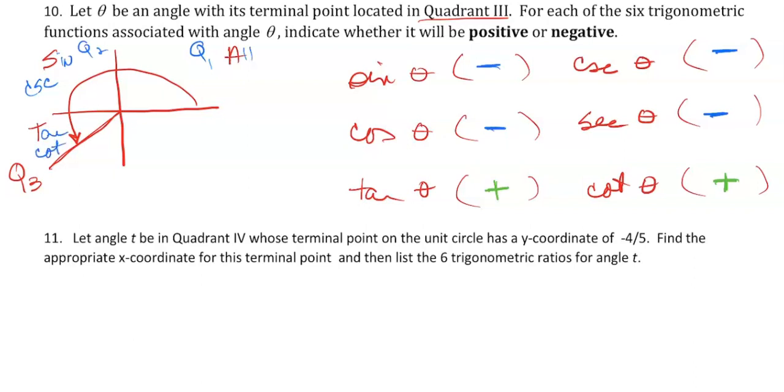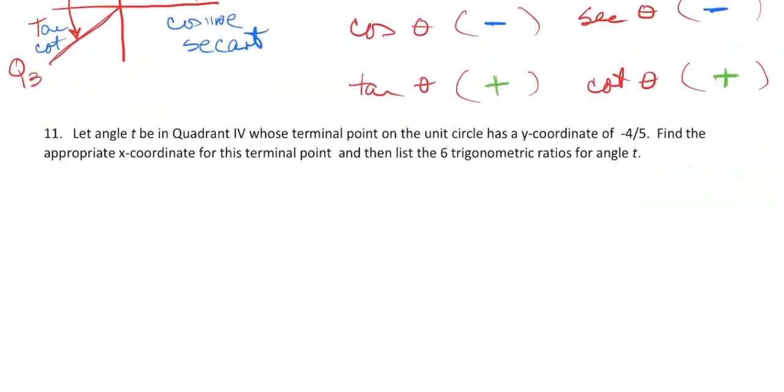And in quadrant 4, cosine and secant are positive. You want to be aware of that. So, All Students Take Calculus, and the reciprocal trig functions have the same sign. You should be good on that question.